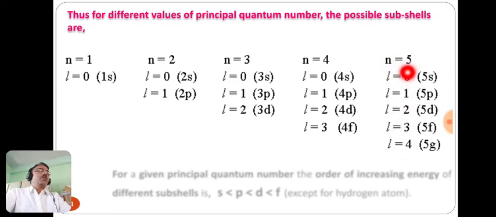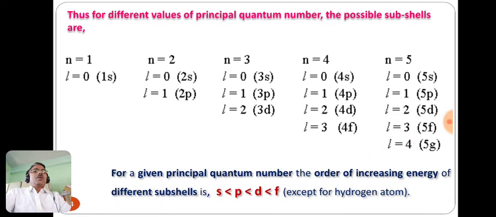As n is 5, n minus 1 means 4. So these are the 5 possible values for the azimuthal quantum number or subshells. Here l equal to 0 means the s orbital, and it is from the fifth energy level, so it is 5s. Similarly, l equals 1 is 5p, l equals 2 is 5d, l equals 3 is 5f, and l equals 4 means 5g.